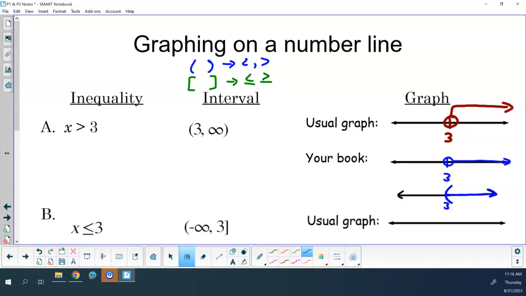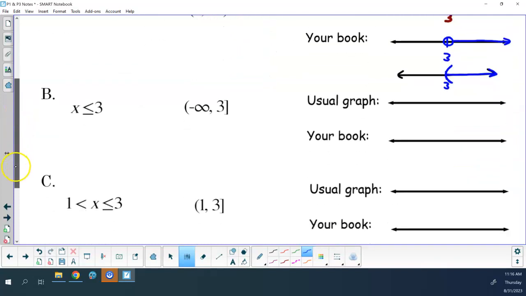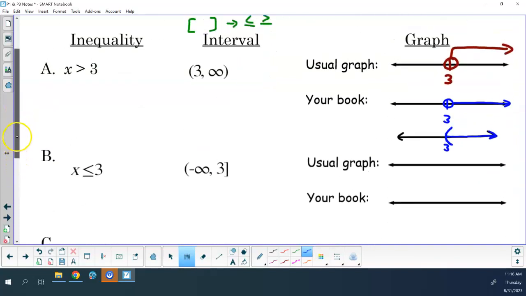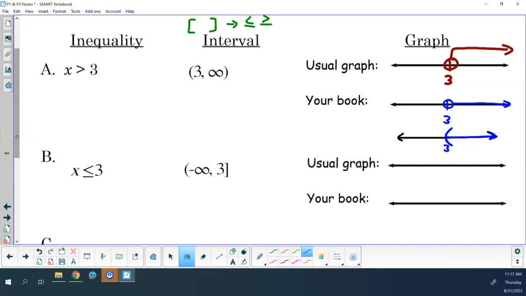The only thing that would change on this one is that because we're dealing with the equals component, it switches to a bracket, which would switch then to a filled-in dot that you would normally be accustomed to.